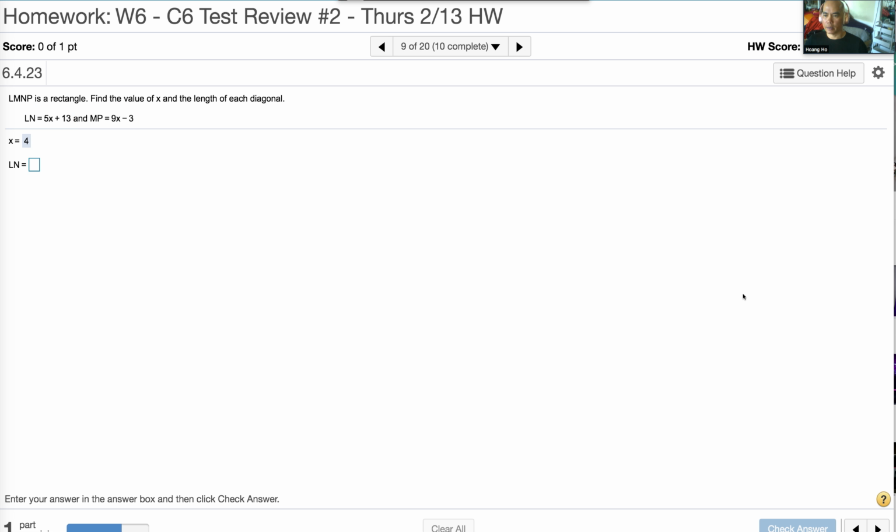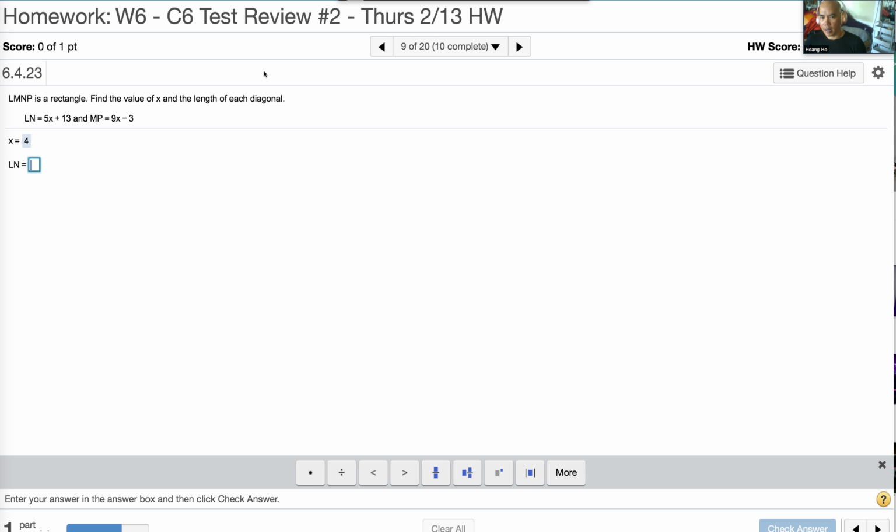Question 9, not done yet. Now they ask you for LN. You already have x equals 4, so right here, substitute 4. So 5 times 4 is 20. 20 plus 13 is 33.